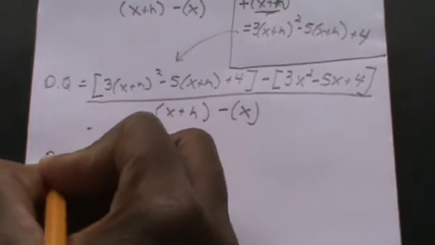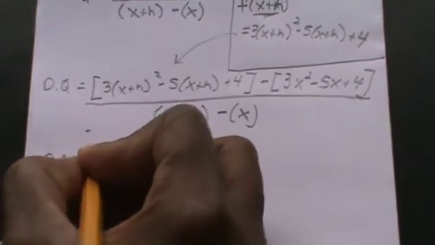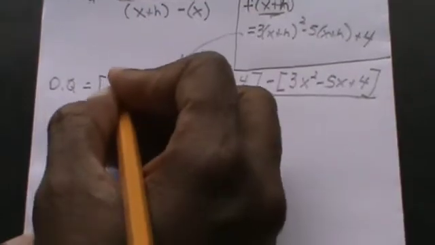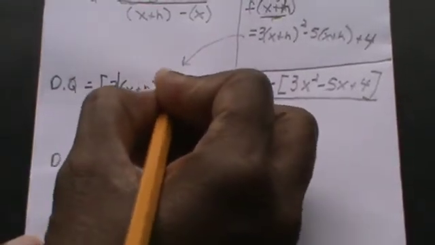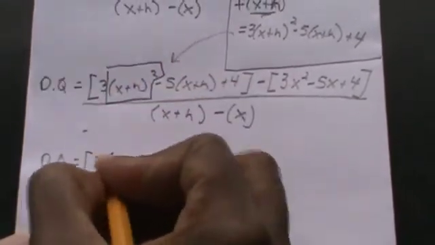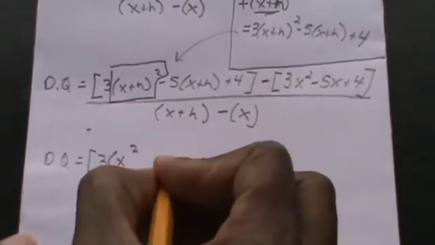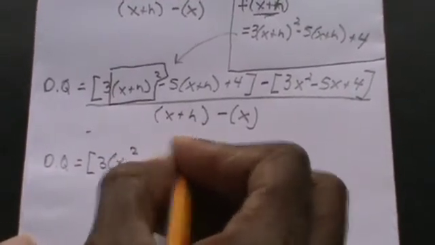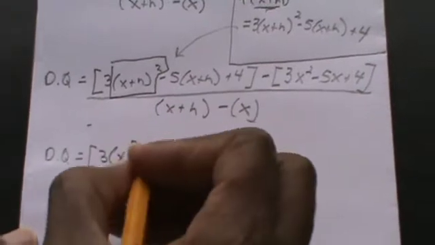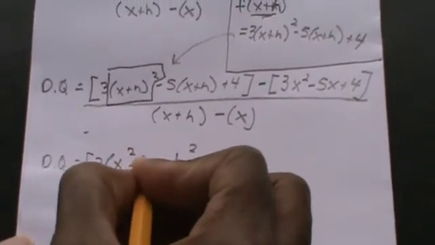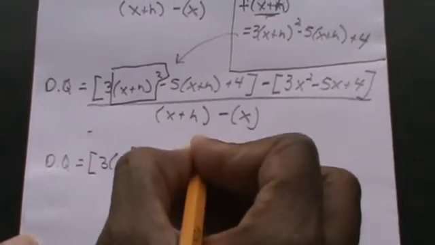So our difference quotient equals 3. Now we talked in our last video about how to simplify this. It's squaring the first, x squared, squaring the last, h squared, multiplying these two together, which is xh, and doubling. So plus 2xh.